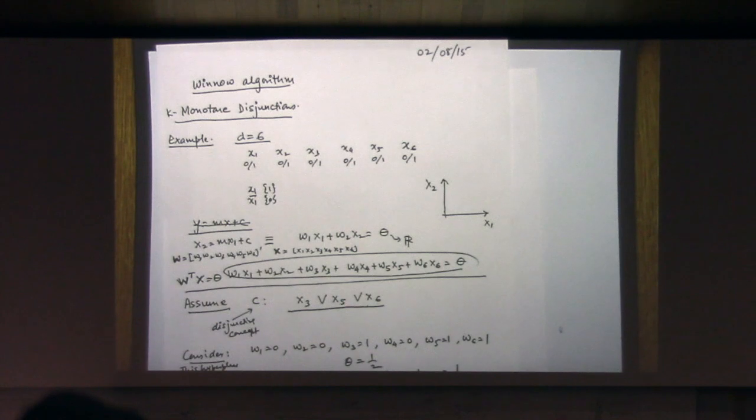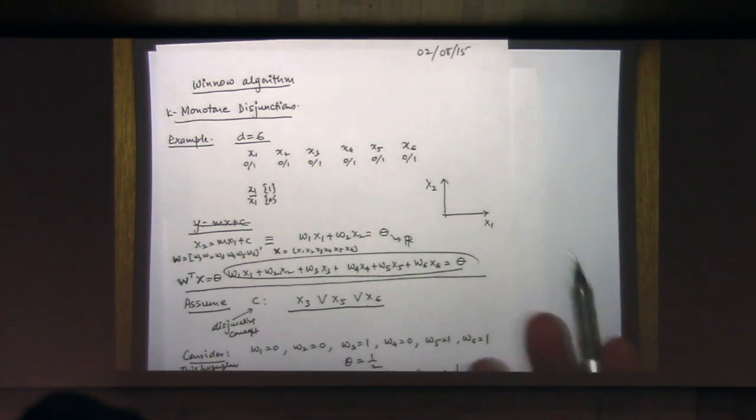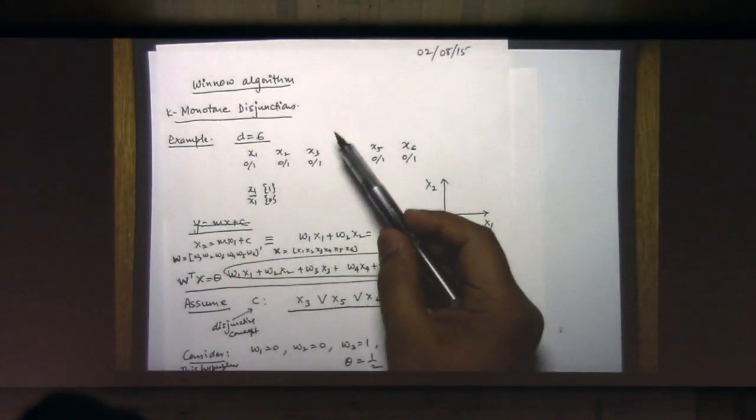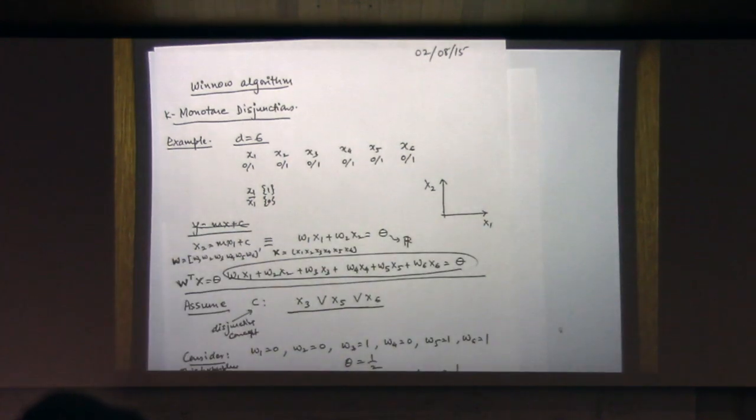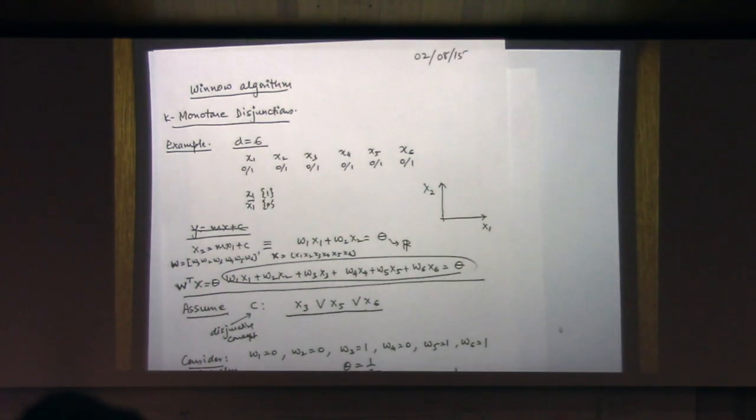You might incorrectly bump up the weights for something that does not belong to the disjunctive concept, which is fine, because hopefully they will get eliminated at some point. But you are guaranteed to bump up the weight of at least one of these three, because one of these three will be 1.